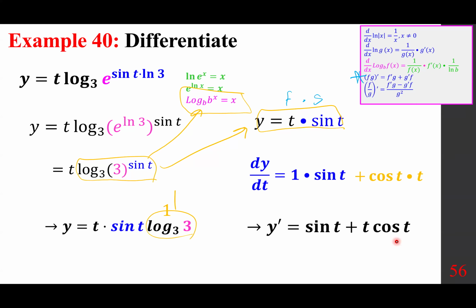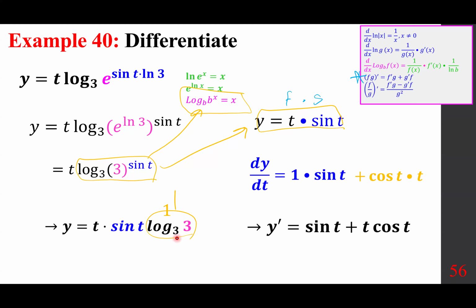A quick recap. When we want to simplify this, there are two different ways. The first one, of course, we put the ln 3 instead of sine t. This results in 3, and you get here. From here, you can go directly to here using this. Or bring the sine t in front, make it a coefficient of log, and that part remains log 3 base 3 equals 1.